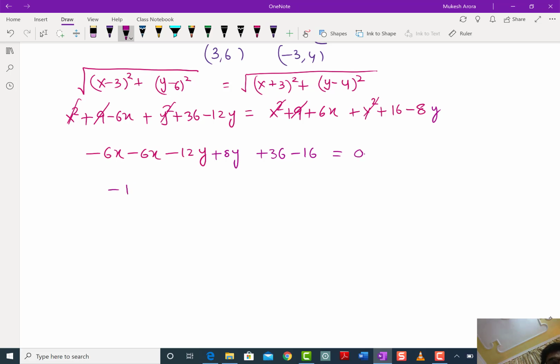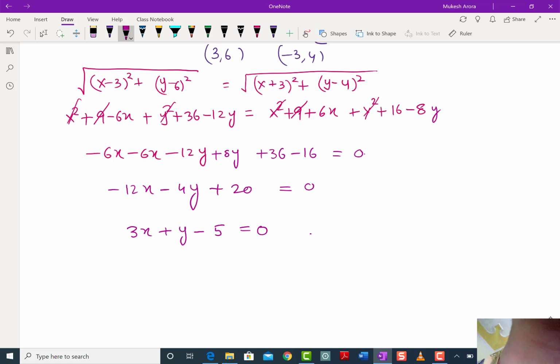So it will be minus 12x minus 4y plus 20 is equal to 0. Divided by minus 4: 3x plus y minus 5 is equal to 0. That is the relationship.